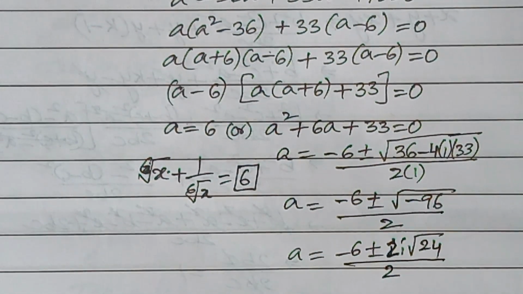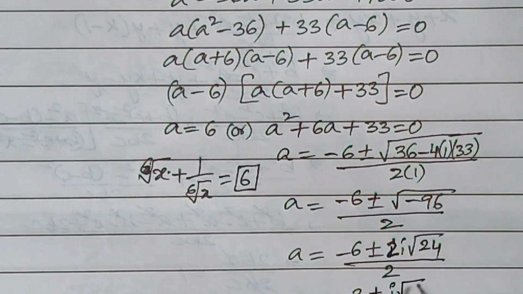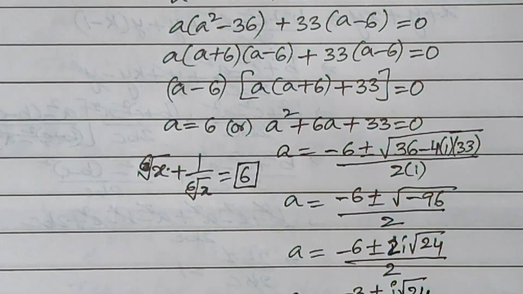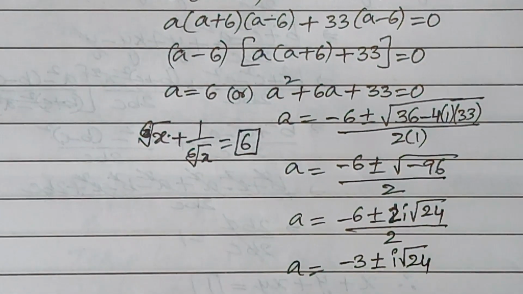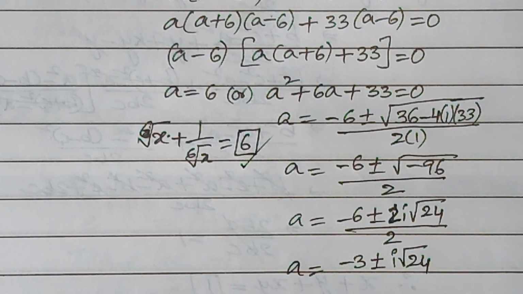So a is equal to minus 3 plus or minus i root 24. So the values you are getting are 6 or minus 3 plus or minus i root 24.